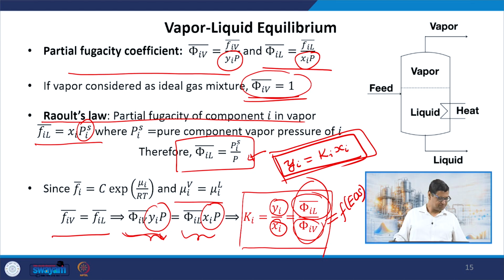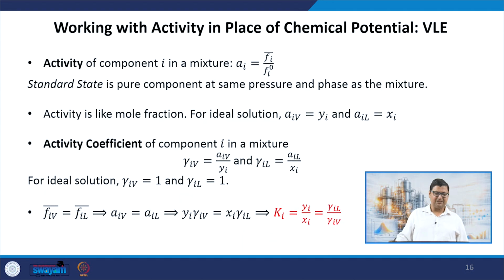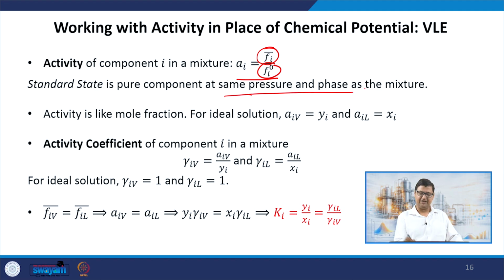In the case of liquids, it is sometimes convenient to work in terms of what is known as the activity of a component i in a mixture. The activity of a component is defined as the ratio of the partial fugacity to the fugacity of the pure component at the same pressure and temperature and phase as the mixture, right.